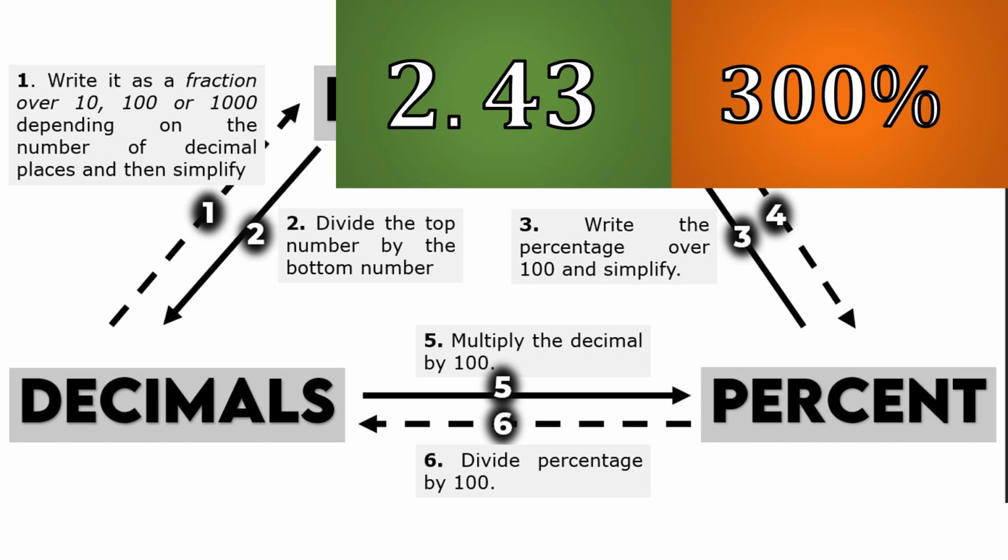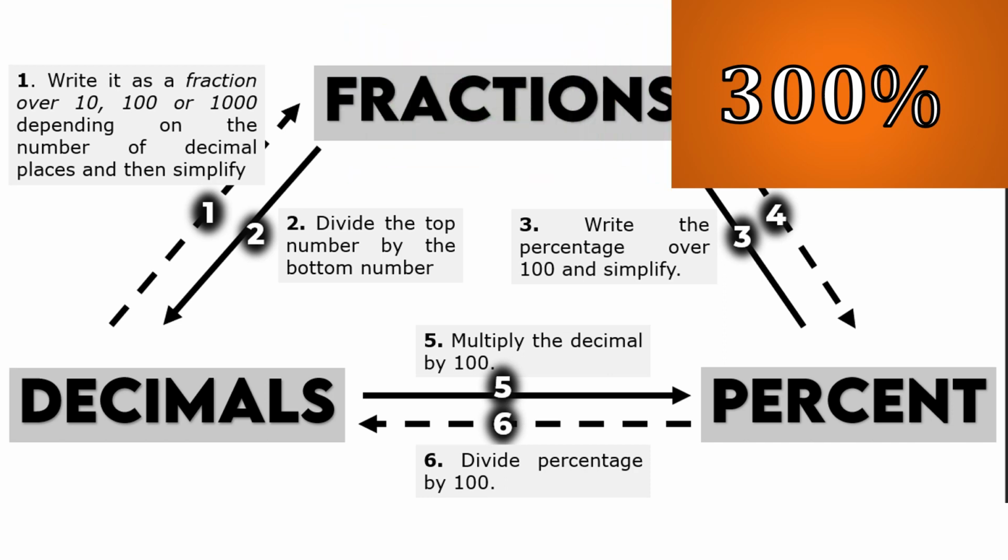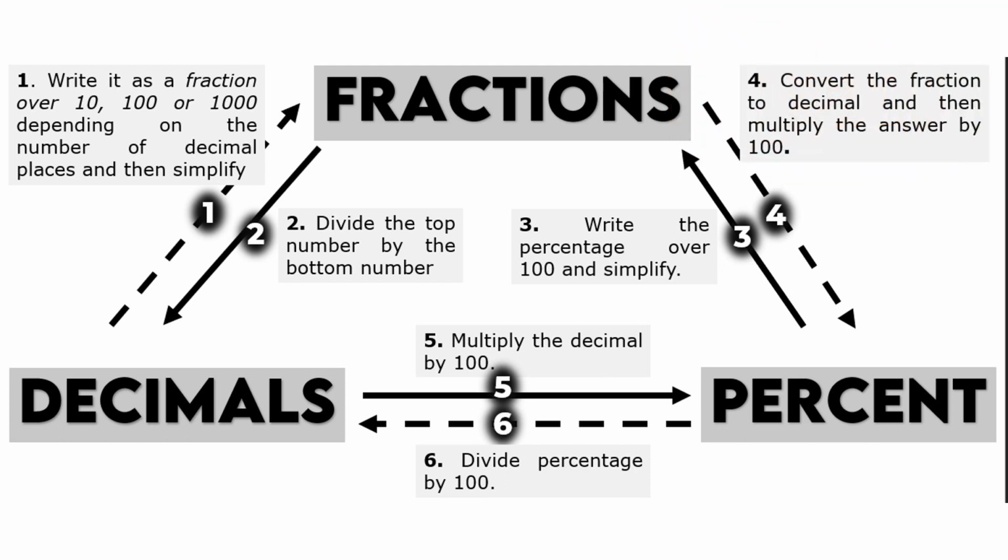Then 2.43. So that is written in decimal form, so we write it as it is. And lastly, 300%. In decimal form, this is 3. Okay, the picture reveals a diagram that shows the summary of rules in converting decimal to fraction and percent and vice versa.